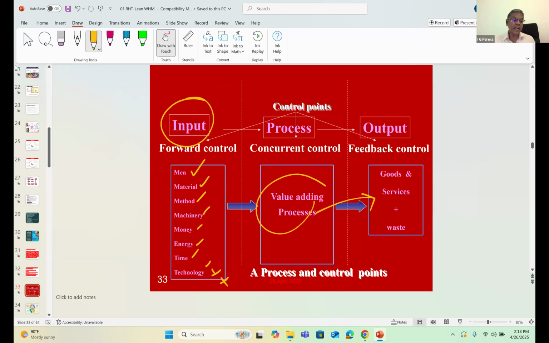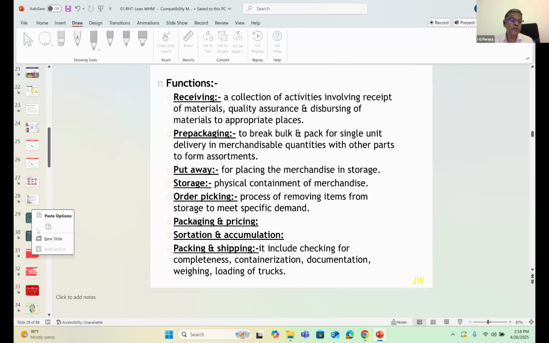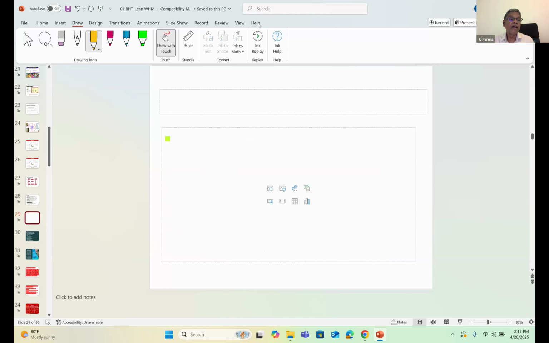There are two types of inputs and two types of outputs. What are the two types of inputs?